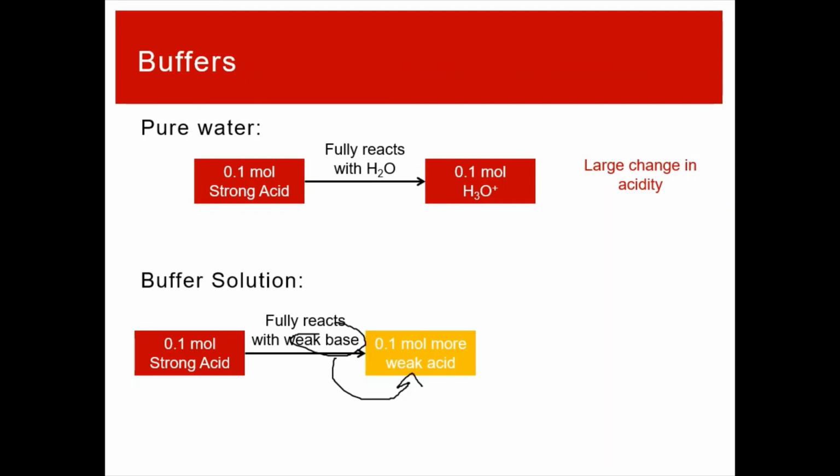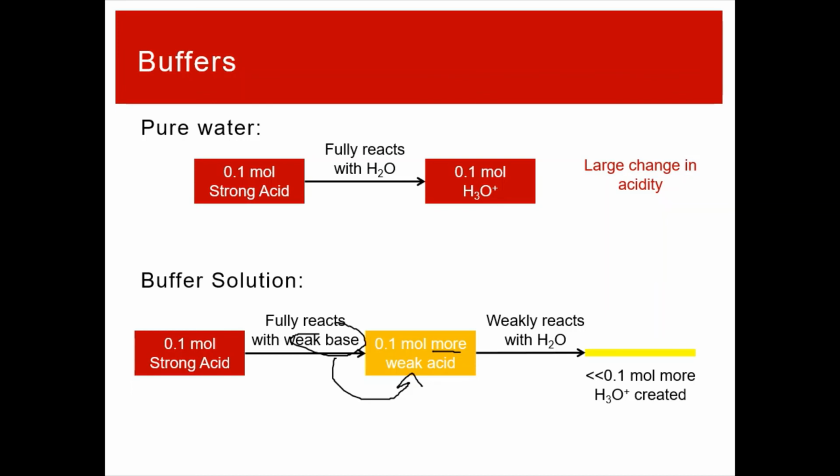You now have 0.1 moles of weak acid, and additionally, it's just more weak acid to what you already have. So the fact that it's a weak acid and that it's just a little bit more leads to a really weak reaction with H2O, so you produce a lot less hydronium. It's much less than the 0.1 moles of strong acid that you originally put in, which leads to a much lower impact on the pH.